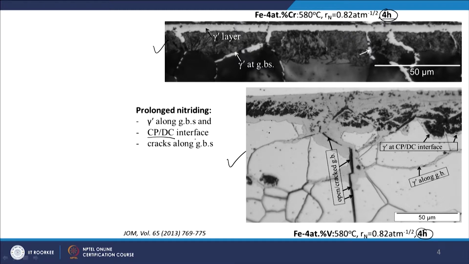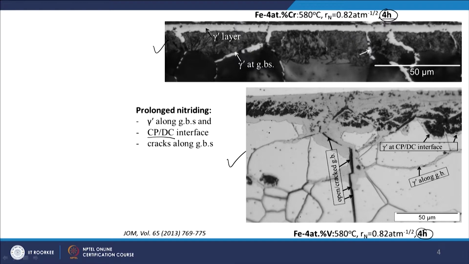We will talk about that later, but for the time being I will only stick to the way iron nitrides are growing, because these diffusion zone features appear even when you do not have the iron nitride layer, and these phenomena can be well understood. So, this is the situation with the easy nitride formers.